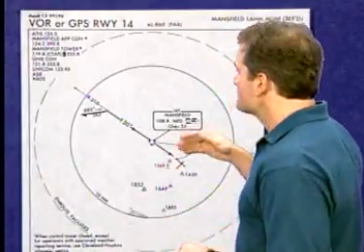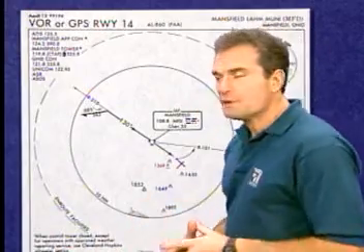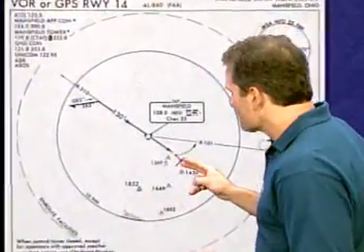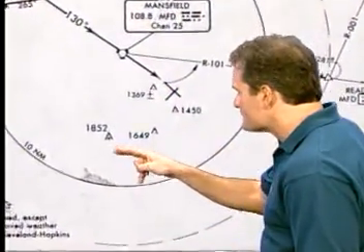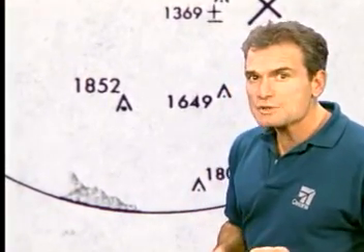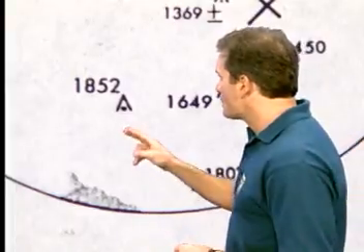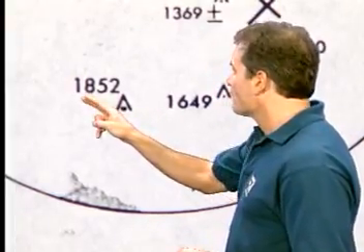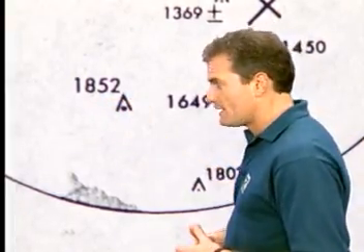Let's take a step back and get an overall look at the plan view for our old friend Mansfield Lahm Muni. Notice all these little symbols with dots and numbers next to them. Yes, those are obstructions, and the highest one in the plan view is shown in bold, in this case 1,852 feet.